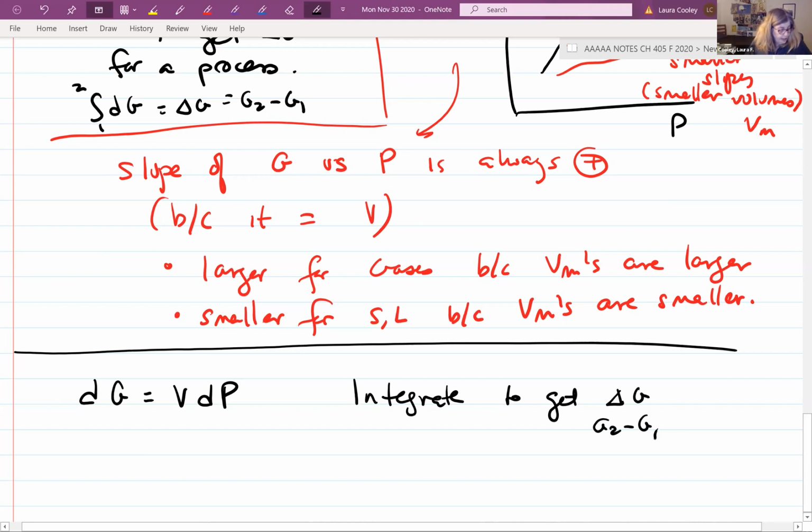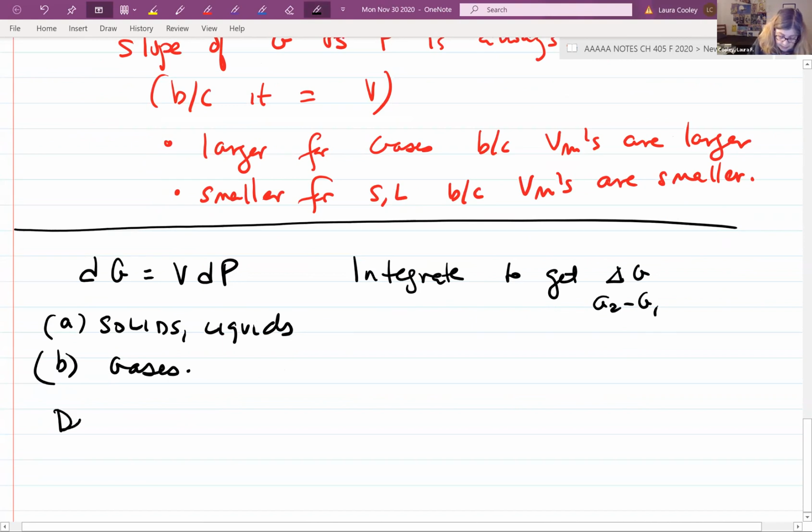We're going to integrate it, but we're going to do it with the two cases done separately. So first, we're going to do it for solids and liquids, and then we're going to do it for gases. So what we're going to be doing is looking at the dependence of G on P for solids and liquids, and then gases.